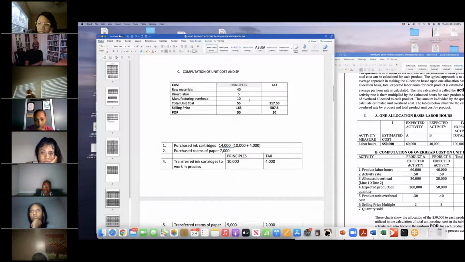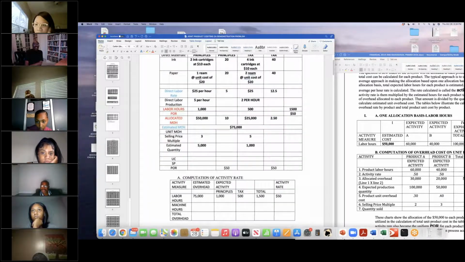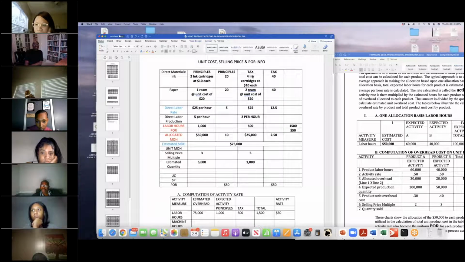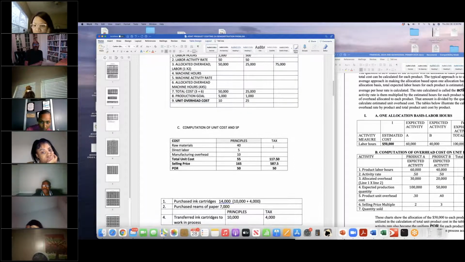All right, so we got the principles book. Let's look at tax then. Good question. It took 4 ink cartridges at 10 each, 40. 2 reams of paper at 20 each, 40. Some of the raw materials were 80.